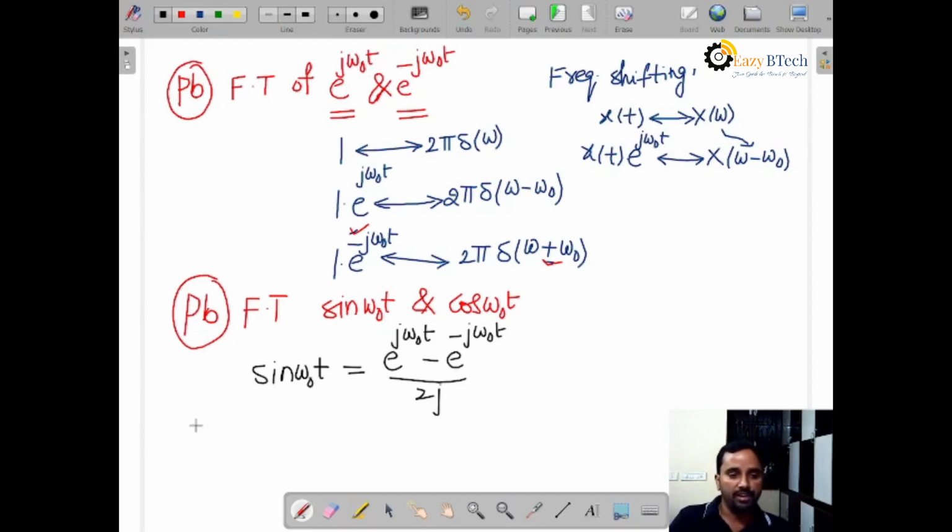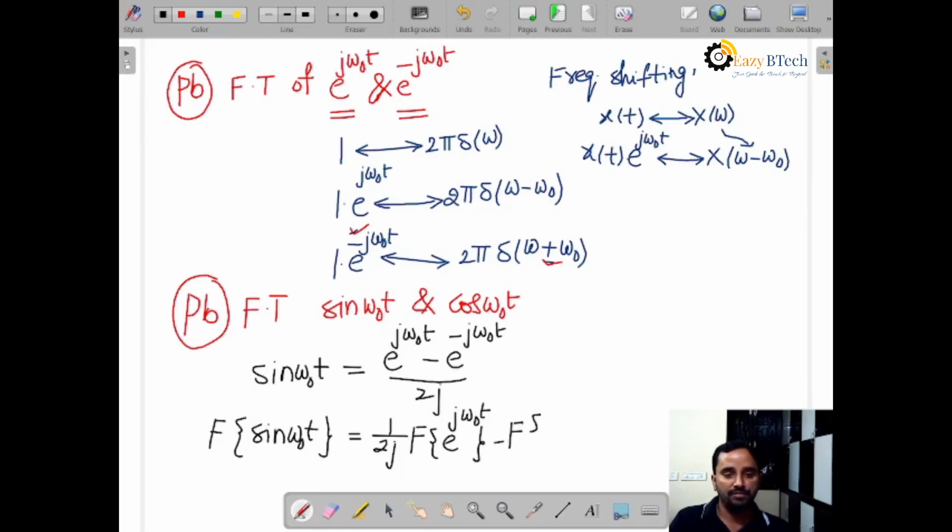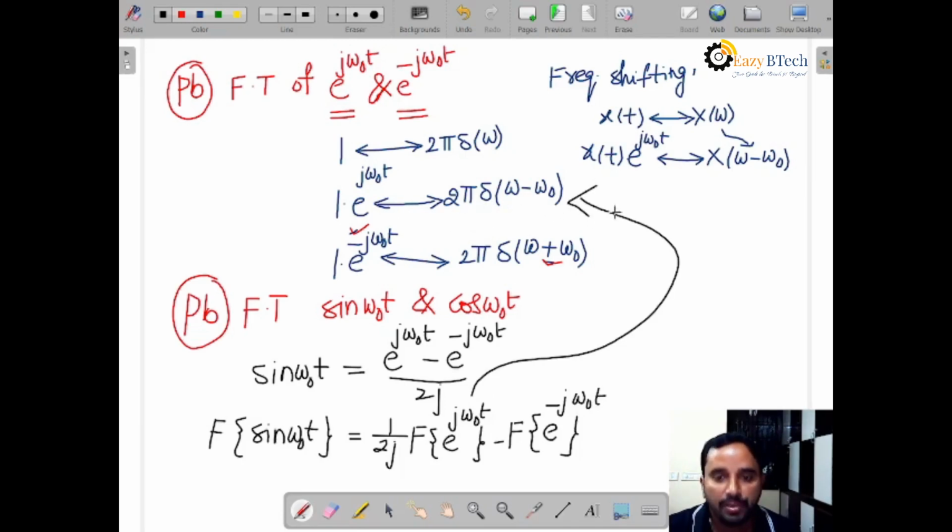So we want the Fourier transform of the sine function. That means the Fourier transform of sine omega naught t is equal to 1 by 2j outside, times the Fourier transform of e power j omega naught t minus the Fourier transform of e to the power minus j omega naught t. Previously we discussed in the above problem, e power j omega naught t has Fourier transform 2 pi del of omega minus omega naught, and e power minus j omega naught t has Fourier transform 2 pi del of omega plus omega naught.